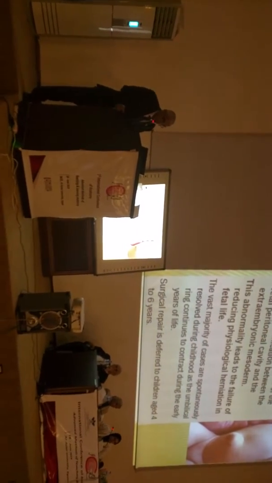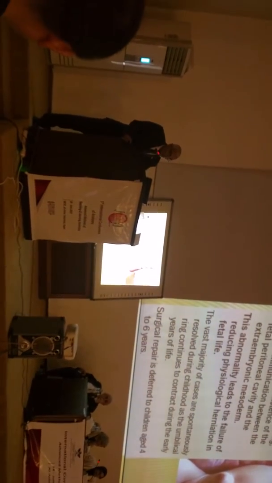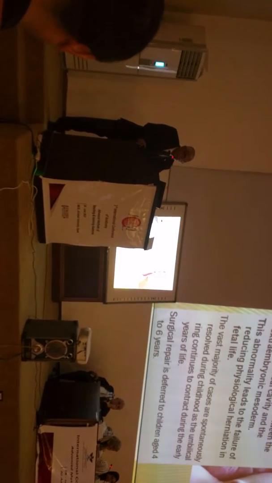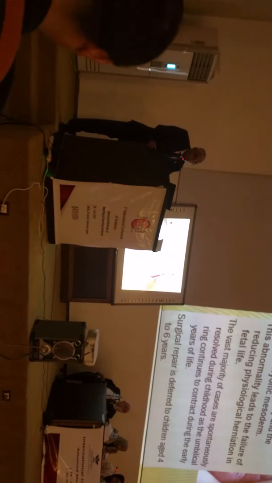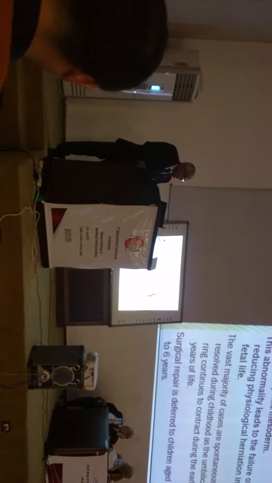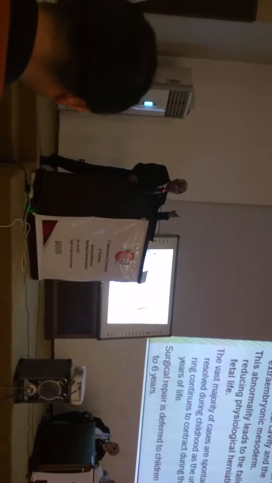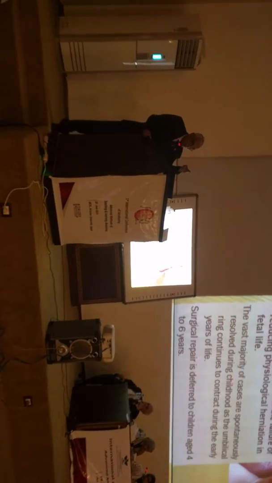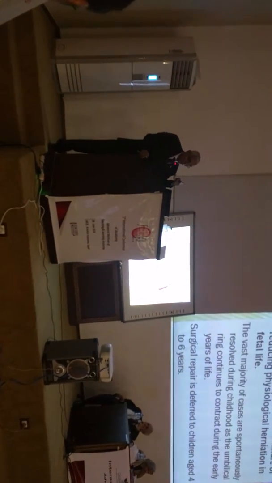So we must not ask for surgery for such a case, and defer surgery to the age of 6 years. When we cut the umbilical cord, we leave about two finger widths at the surface of the abdomen of the fetus and cut the umbilical cord.